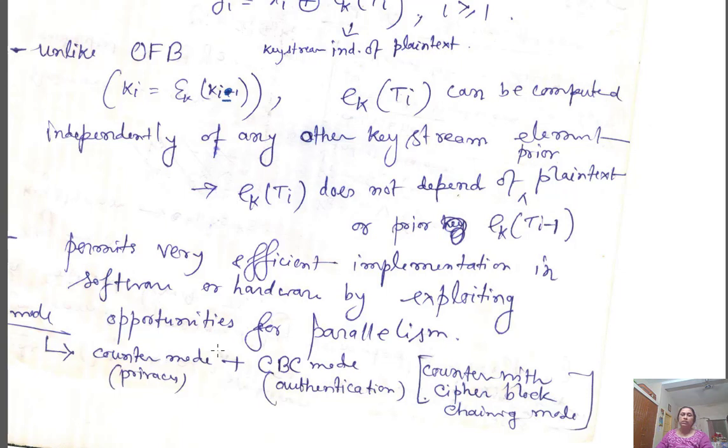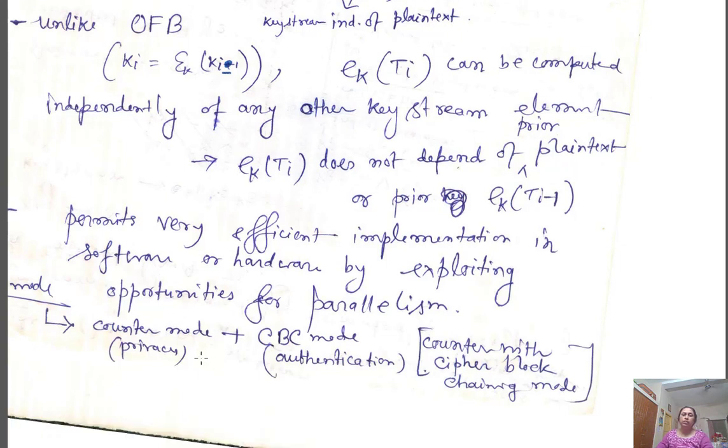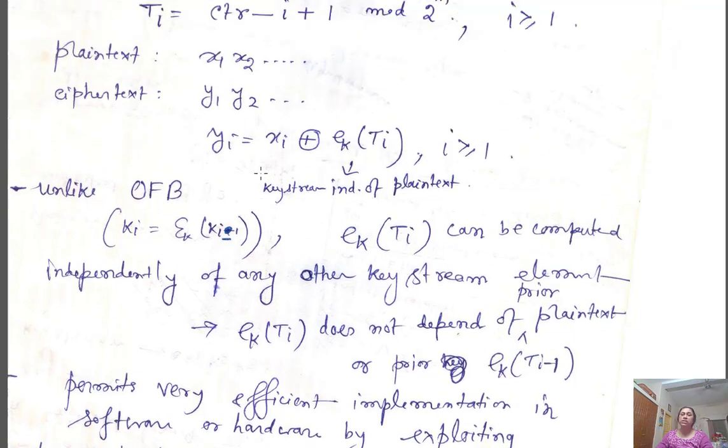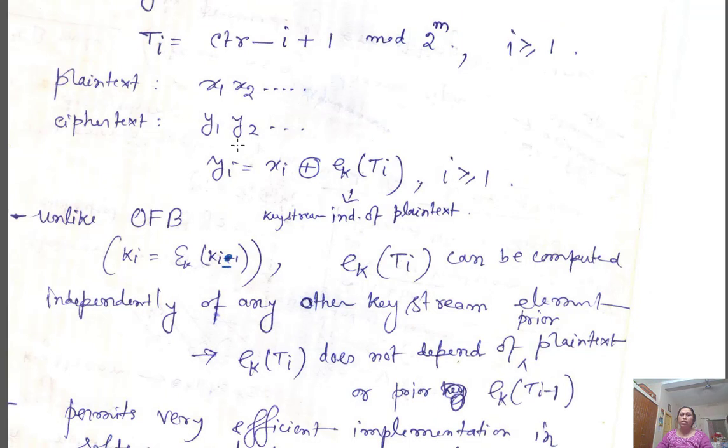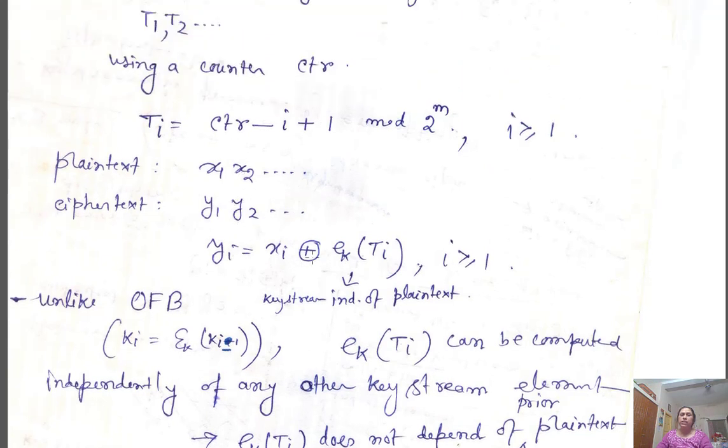There are other different types of modes, such as counter mode together with CBC mode. CBC mode is used for authentication, as I have already mentioned. Counter mode can be used for privacy purposes.